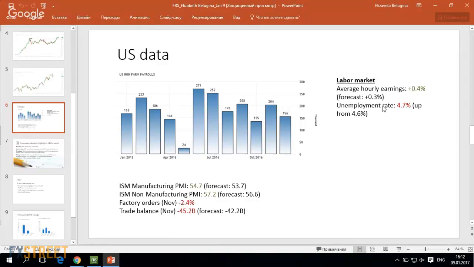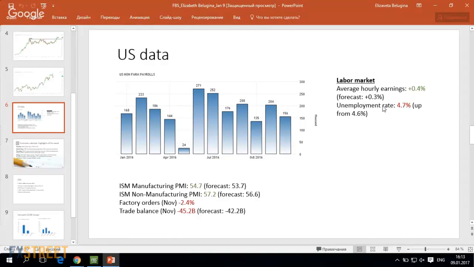So basically it doesn't represent a negative development, it's still a positive development, meaning that the size of the US labor force is increasing. And all in all, these US labor market figures were quite positive last month, and they are in line with the path chosen by the Federal Reserve this year, the path of raising interest rates.